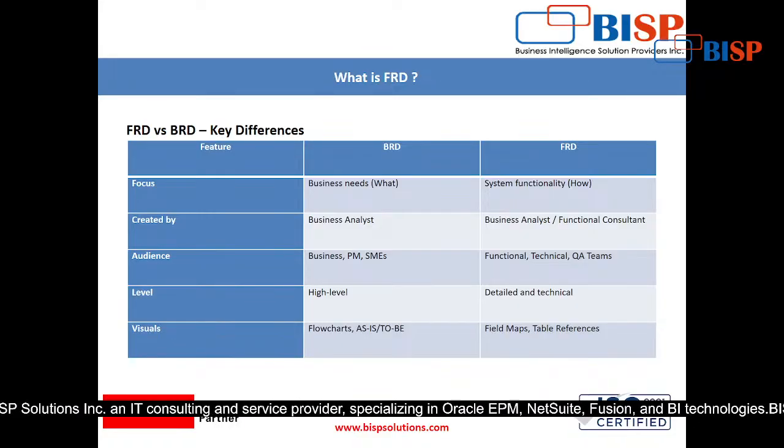As is means purchase order, receipt, item receipt, and then the invoice. And to be means purchase order creation, then the approval routing, and then the item receipt, and then the invoice part. So there are again two documents, as is and to be document. If you see my previous sessions, you will easily get this as is and to be point, right?